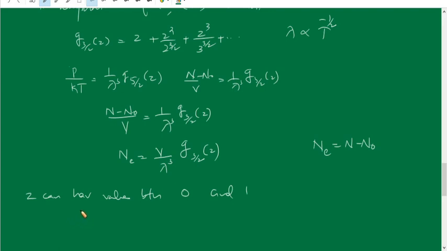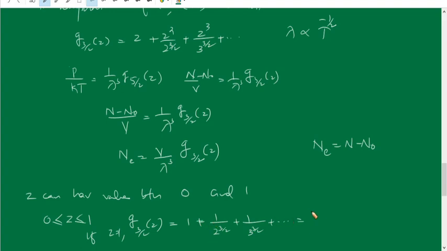So the function g 3 by 2 of z has its maximum value when z is equal to 1: g 3 by 2 of z is equal to 1 plus 1 by 2 raised to 3 by 2 plus 1 by 3 raised to 3 by 2 plus and so on, since z square is 1 and z cube is 1. Okay, so this is the series.